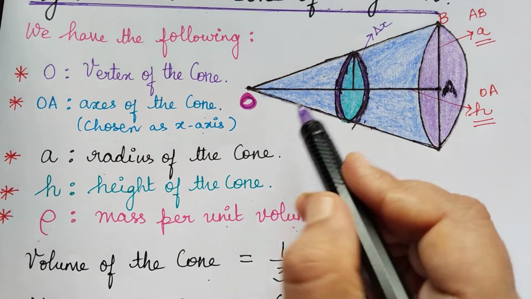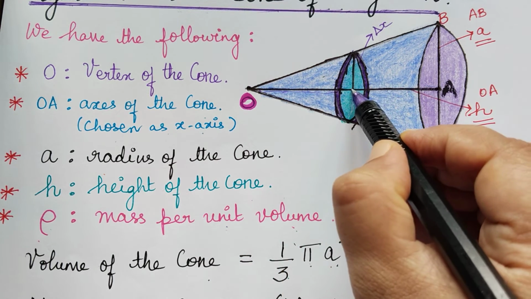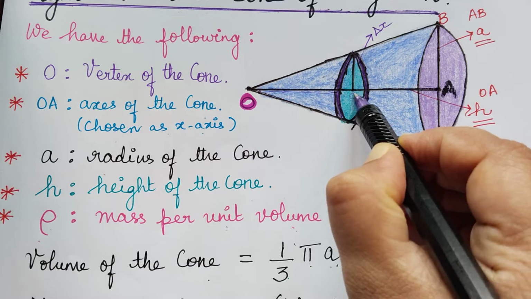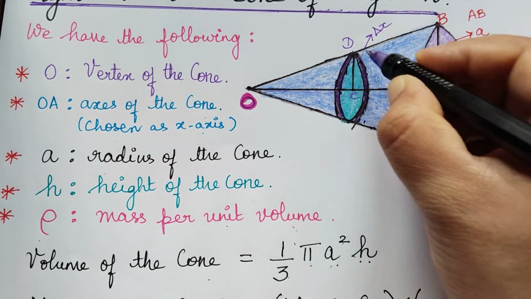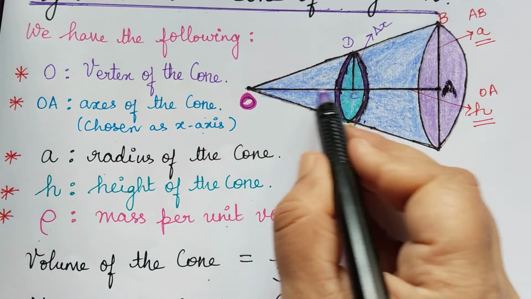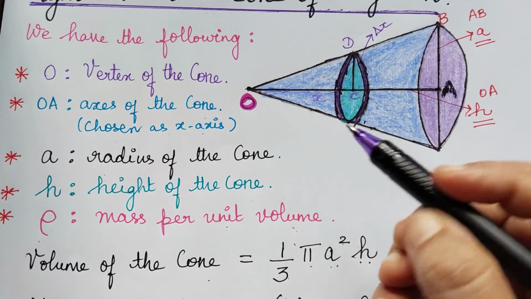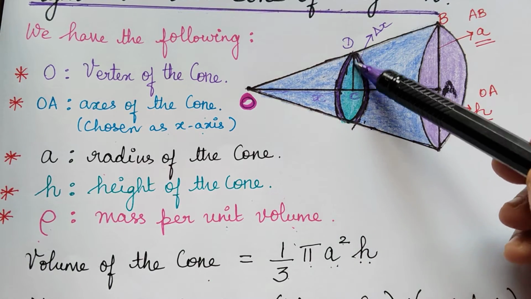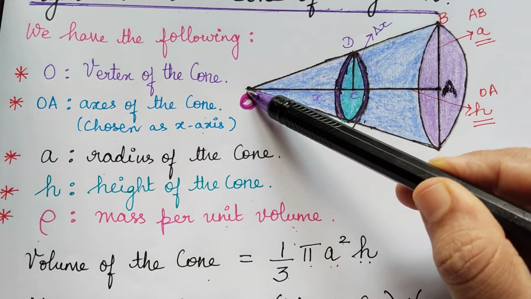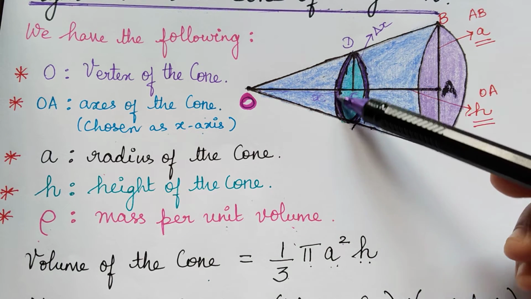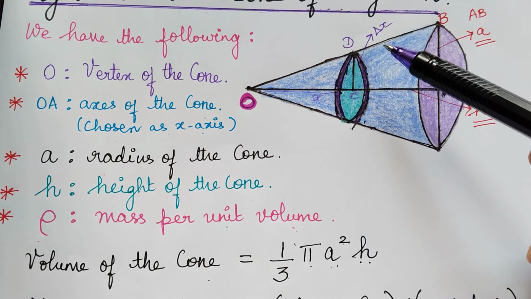This circular lamina is taken at a distance x. If I take this point as C and this as D, the distance OC is taken as the value x. That is, we are considering one such lamina at a distance x from the point O, and it is of height delta x.